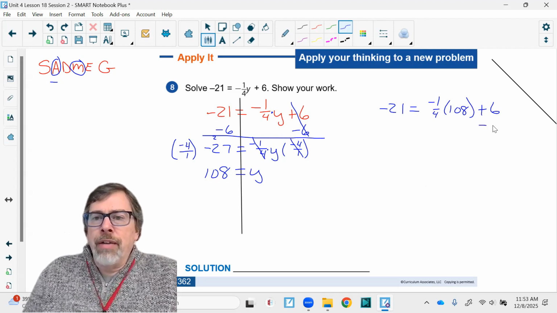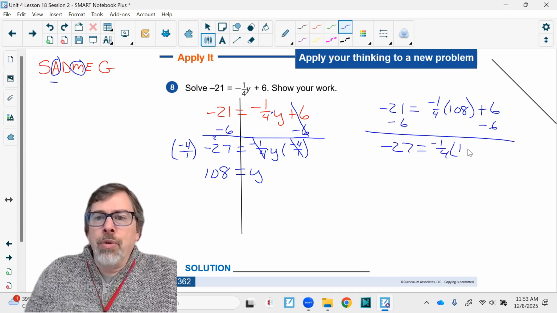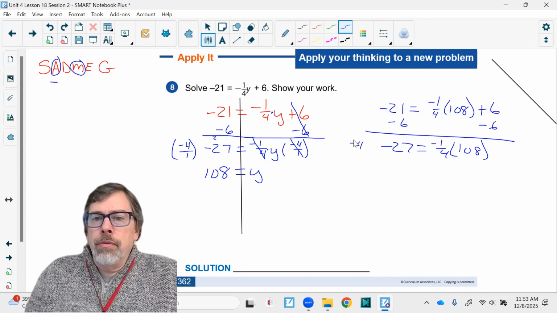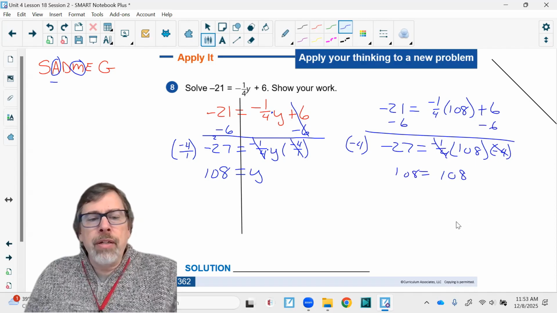To solve this, I'd have to subtract 6. And I'd get negative 27 equals negative 1/4 times 108. Okay. And then when we multiply both sides by negative 4, we get 108 equals 108. Okay. Oops, I didn't do that right.